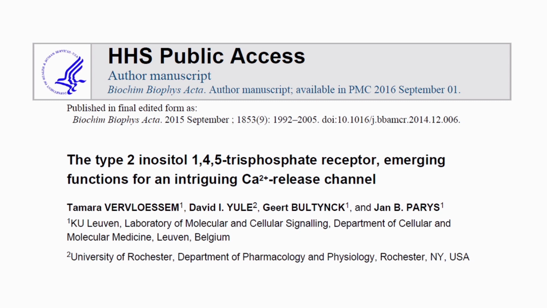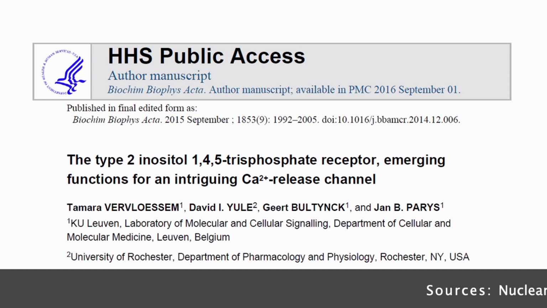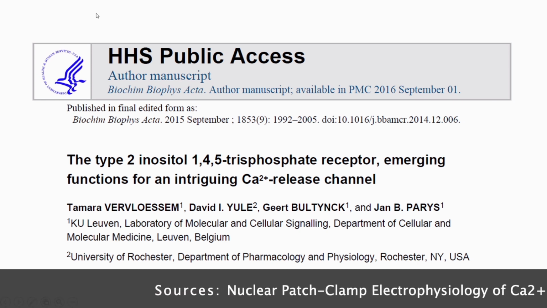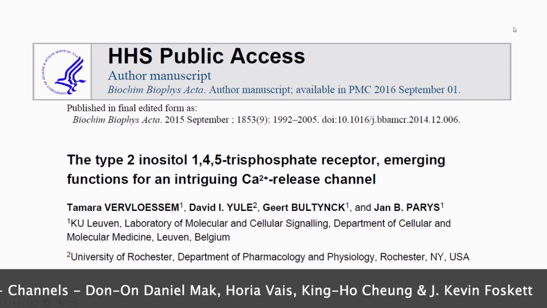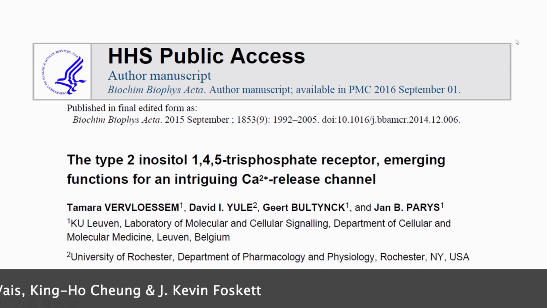Thanks to the on-nucleus patch clamp analysis of rat and Xenopus cells, the authors learned that IP3R2's regulation by ATP is different compared to the other types. Indeed, while the Ca2+ sensitivity is usually changed by the presence of ATP, it is not true for the type 2 receptor. Furthermore, it has been observed that the IP3R2 displays more bursting activity in presence of ATP.